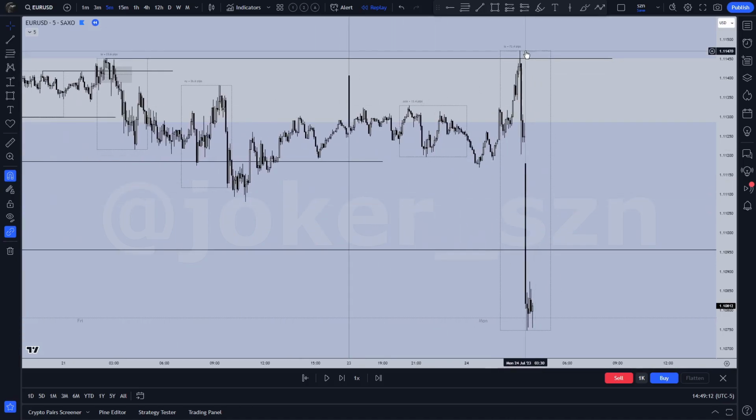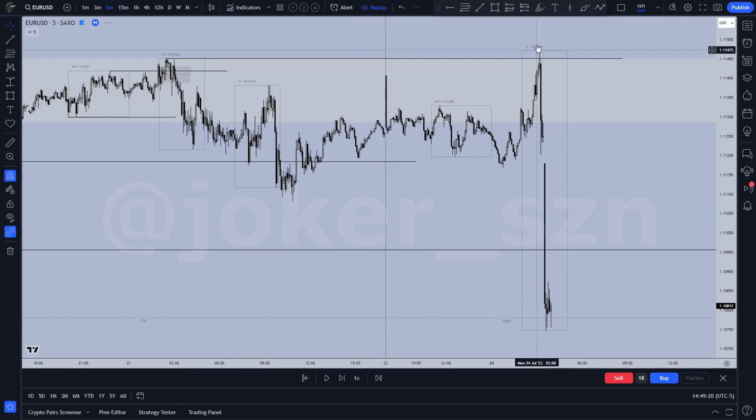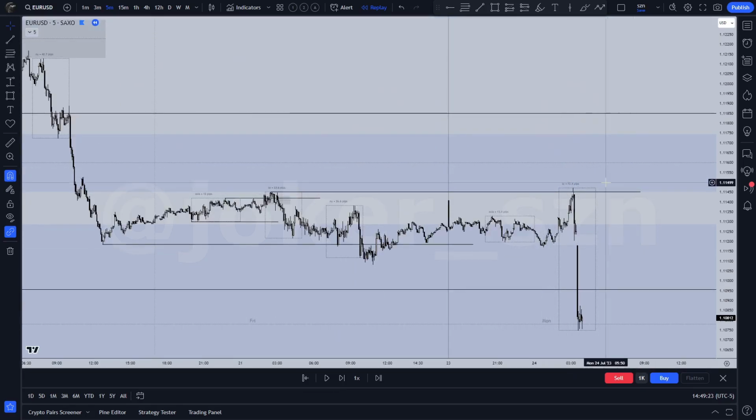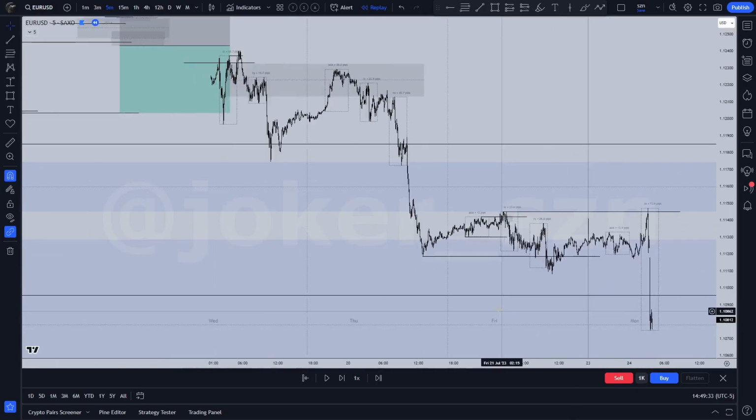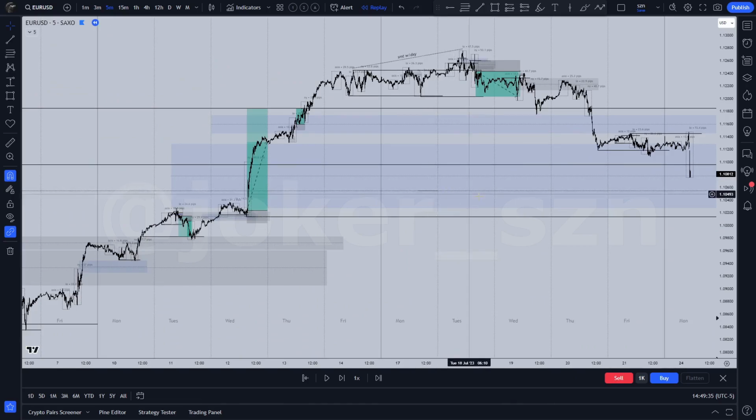And as you can see, we have traded right above this high here of Friday London session into the daily BPR I've talked about, and you can see how then we had news right after at 9 a.m. and then we got the sell-off right into the EQ of this lower daily fair value gap here, right?